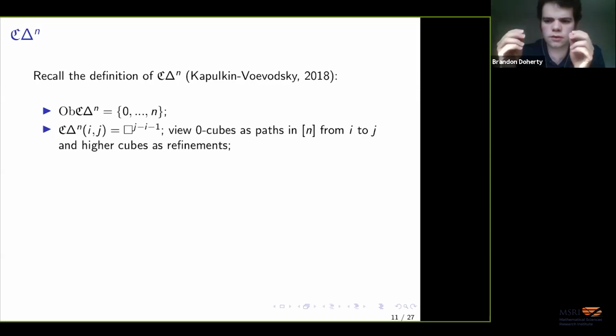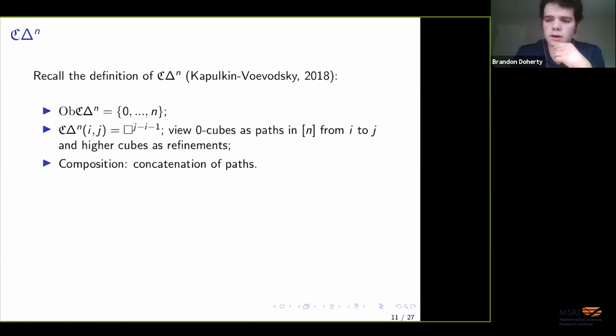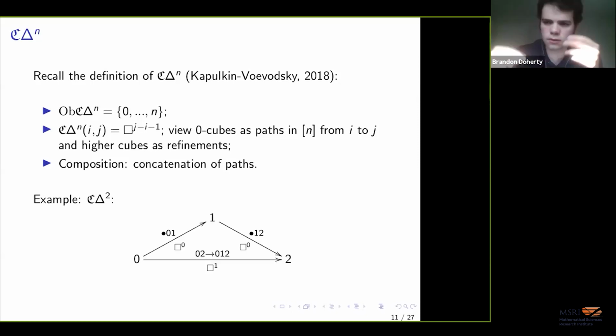We can view the 0-cubes in these mapping spaces as paths in this poset n from i to j, with higher cubes representing refinements of paths, so ways of going from one path to another by adding additional steps. And composition works by concatenation of these paths. To understand what this is all about, let's look at some examples.